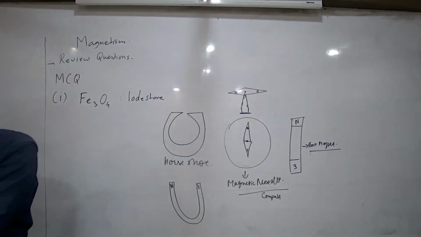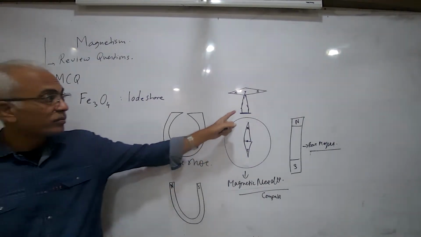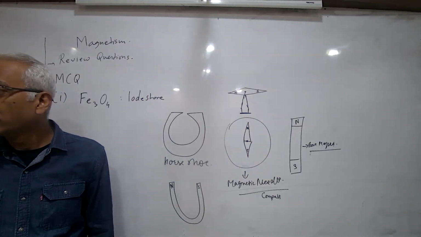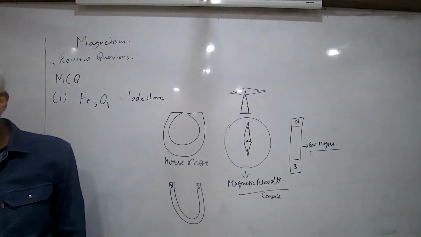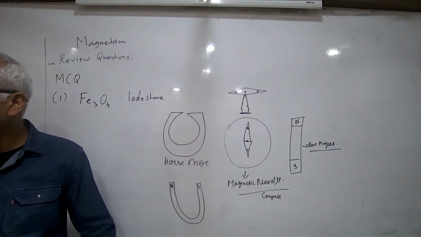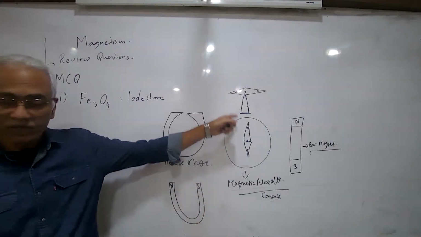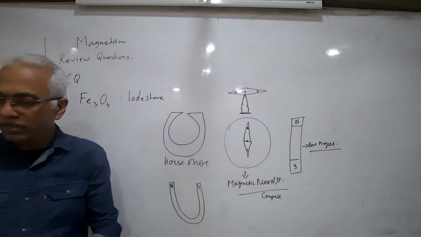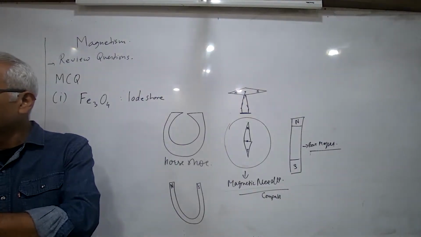This is the pivot and this is the magnet. The pivot is straight like a pencil tip. The pivot is sharp and the needle rests on its tip like this.